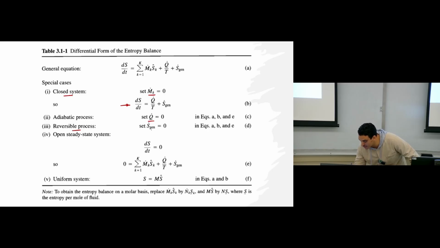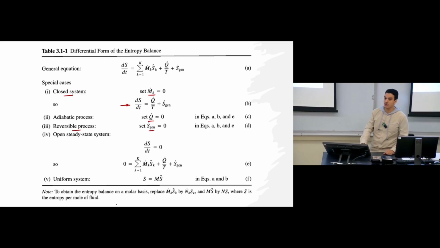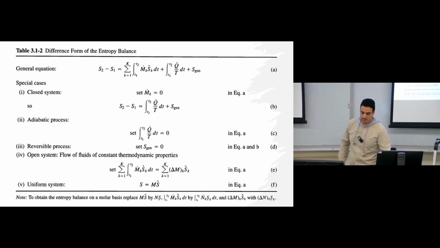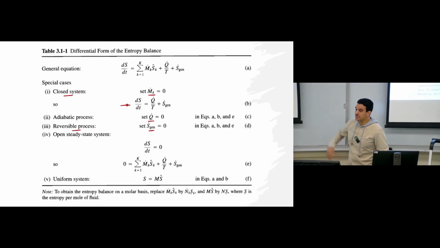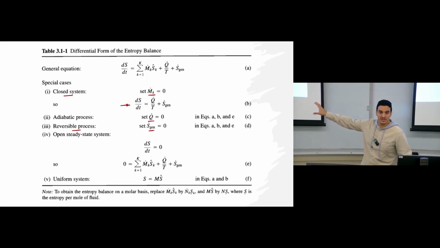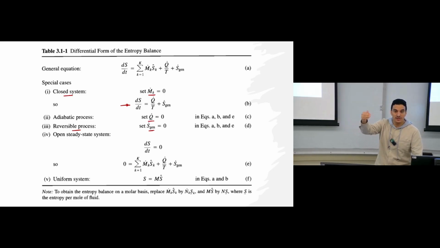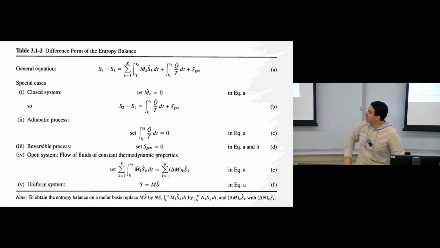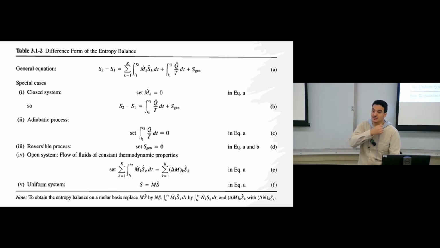If you have a reversible process, there is no entropy generation, so the generation will be 0, and so on. You have this table in these two slides that represent different cases and which term will be cancelled from the equation based on the case you have. We will go over this in the example. When you are solving the example, the problem statement can guide you on which term will be cancelled in the general equation.